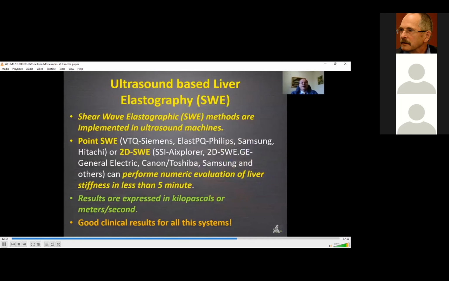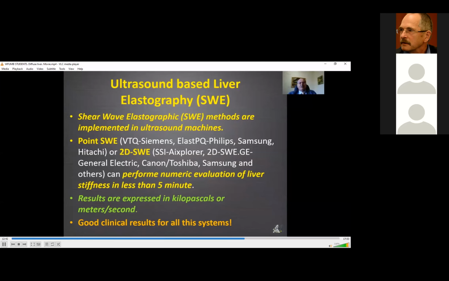Something about evaluation of liver fibrosis using ultrasound-based liver elastography. At this moment, shear elastography is implemented in many modern ultrasound machines. We have two types of liver elastography.